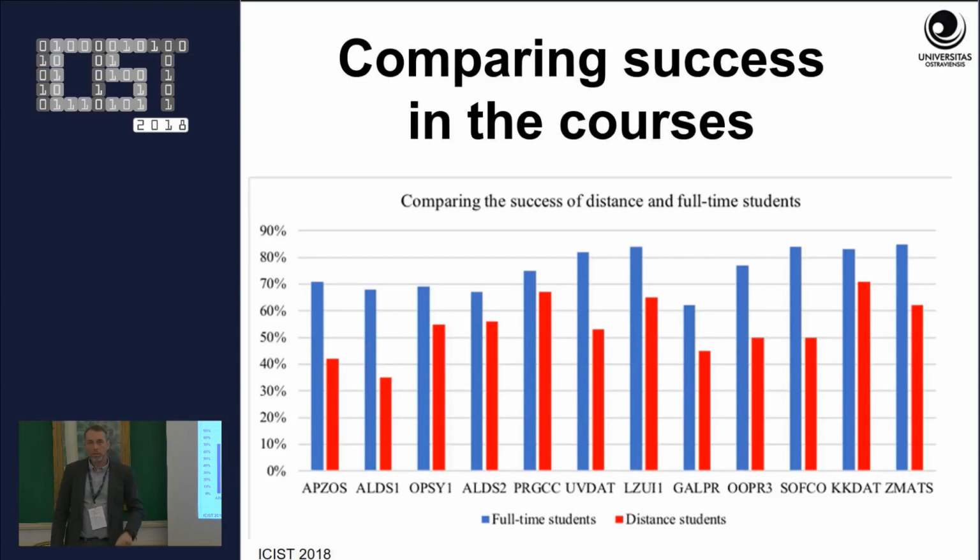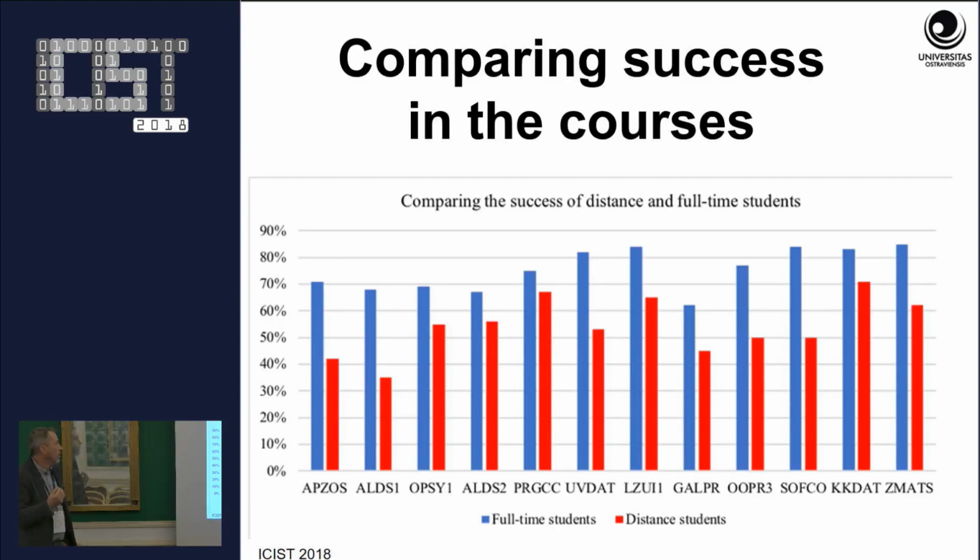It's very different in the first semester. Why? Because students haven't experience with distance education. All students and all teachers have experience with present education. It's normal at primary school, secondary school, high school. But distance education is new for students and for teachers.